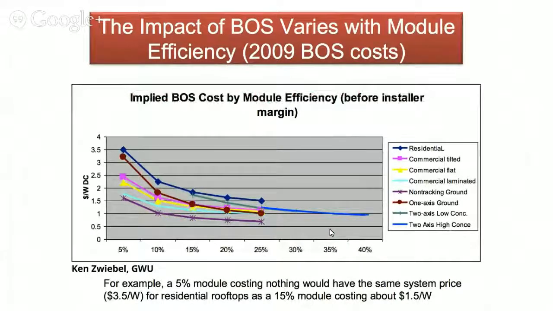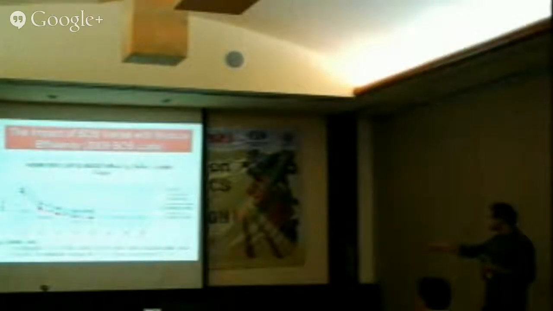Starting with residential, it is the most expensive one because it's a lower volume. And then you have one axis ground tracking, on the ground, which is what you're probably familiar with. And we have a few other things there: commercial tilted, commercial flat, and the cheapest one would be this non-tracking ground.